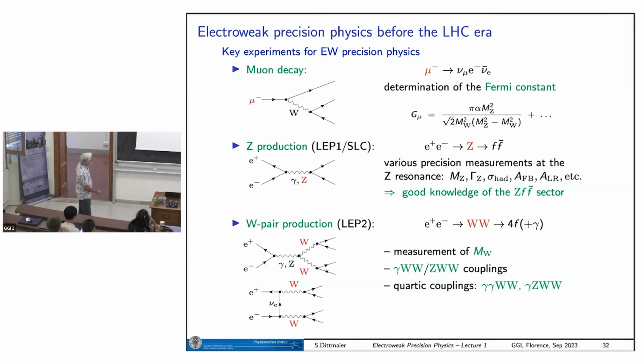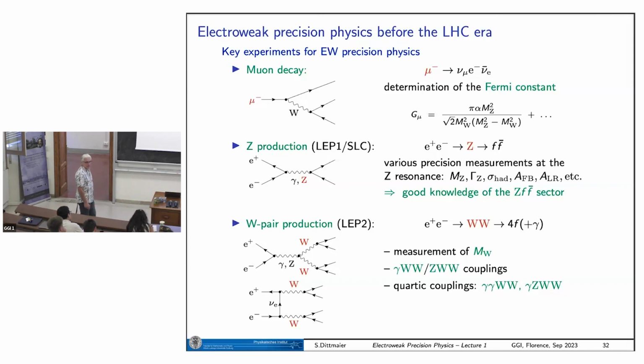So the first scattering experiment that really directly went to the heart of the gauge bosons with high precision was Z production at LEP, e plus e minus to any kind of fermion antifermion pair with either photon and or Z exchange in between.